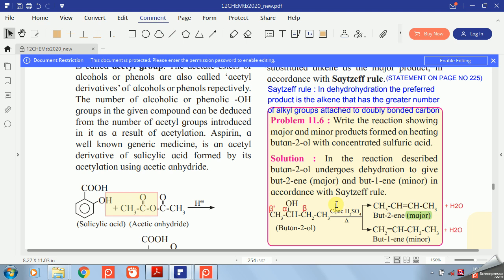Here you have to mention 60% and the temperature 373.